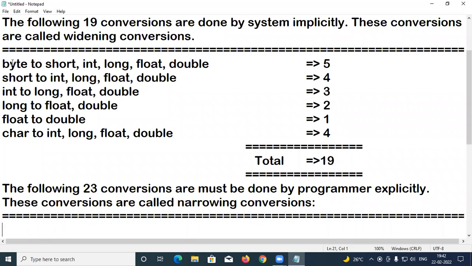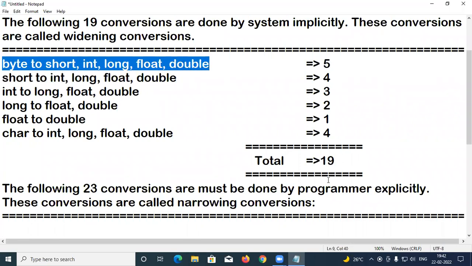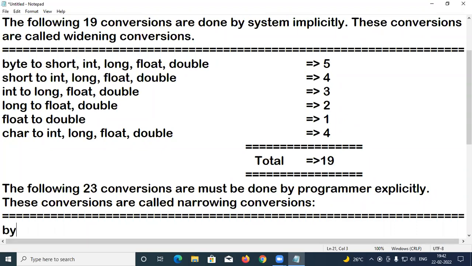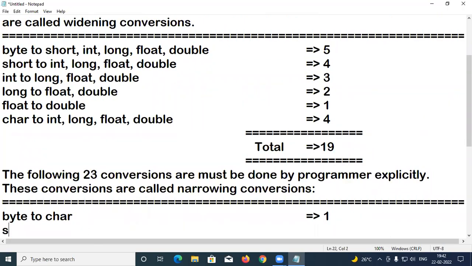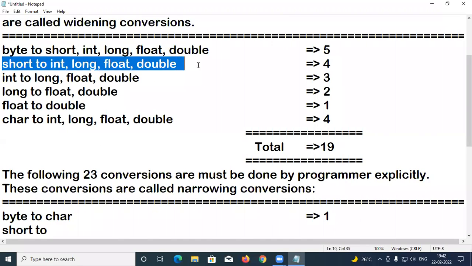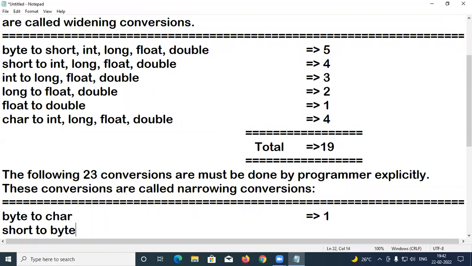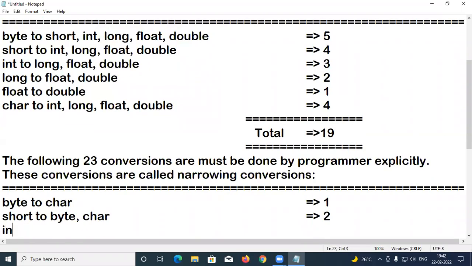In the first line, one conversion not there: byte to char. That is 1. Second line, what is not there? Short to byte not there, char not there. 2 conversions. Int to byte, short, char not there. So 3.